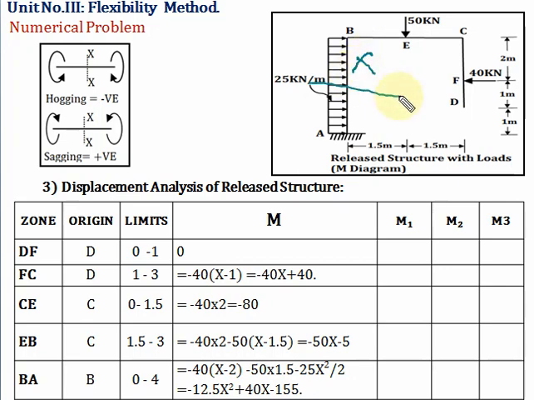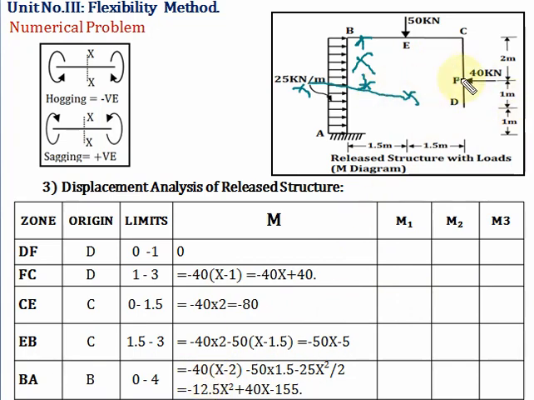Okay. Now next, taking the section in region AB. This is the section XX. Measuring X from where? Now here X is measured from B. Now here the first force is 40, and it is very important. It will act like this.